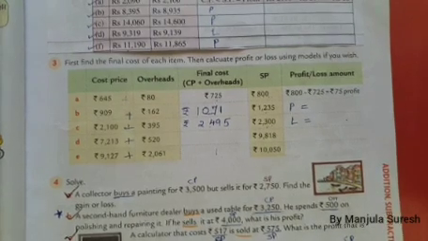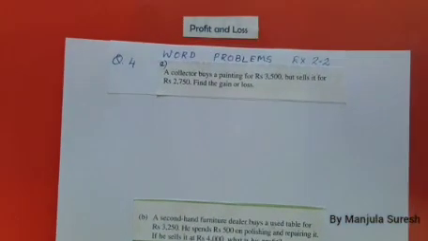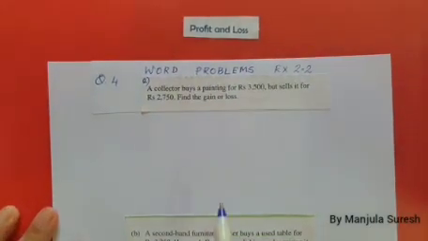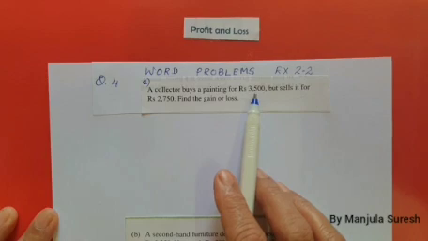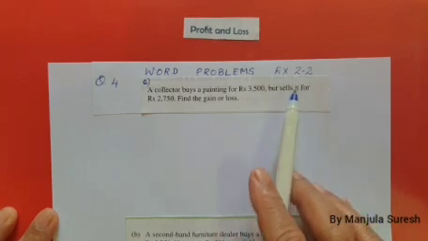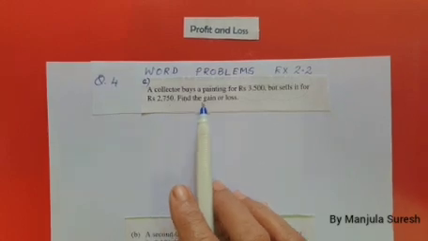Now I am going to explain the word problems. Question number 4. The first question is, a collector buys a painting for rupees 3,500 but sells it for rupees 2,750. Find the gain or loss.